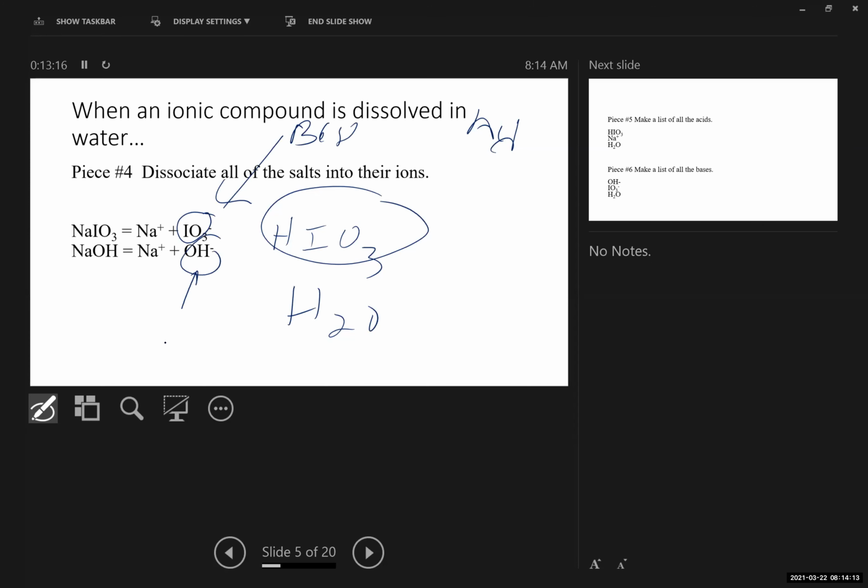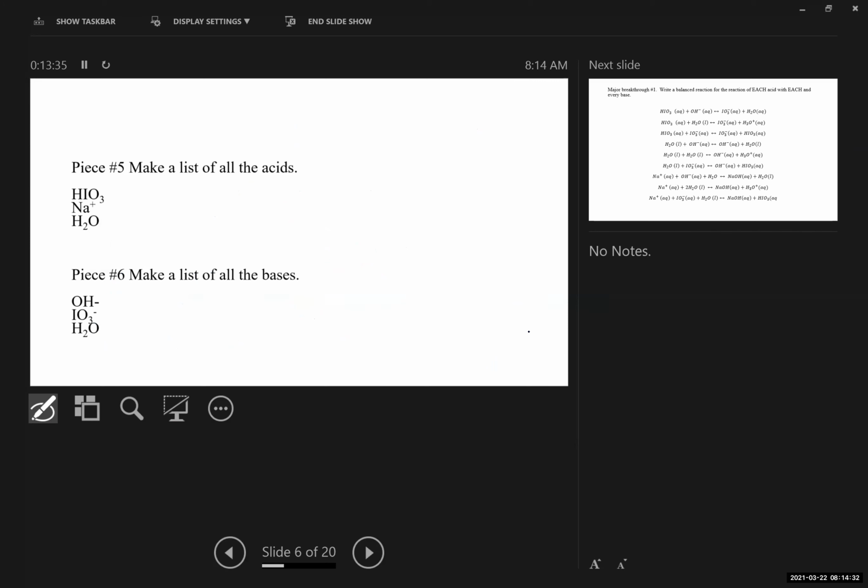Hydroxide, base. Sodium, technically an acid. And water, both an acid and a base. So technically, I have 3 acids and 3 bases.